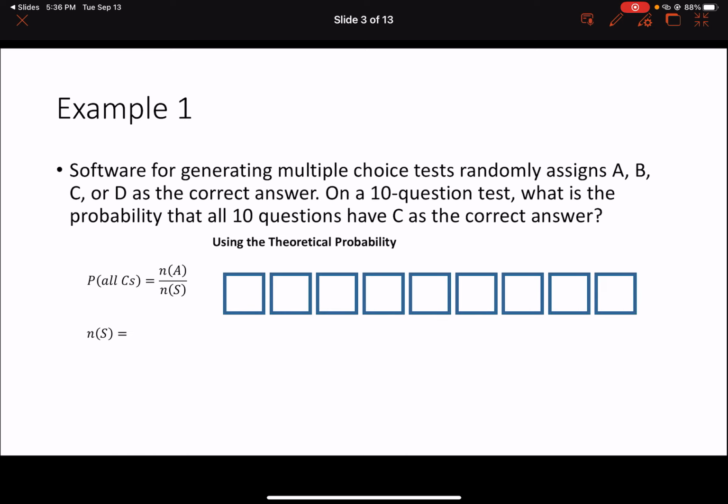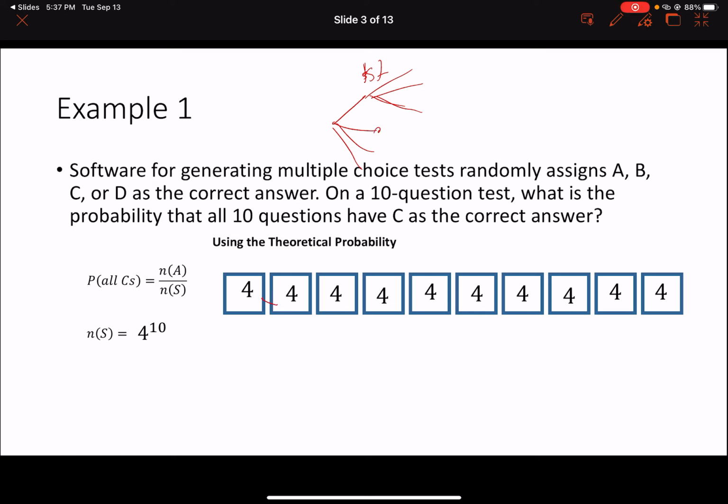Well, we have 10 possible squares, and there's 4 possibilities for all of them. Basically, it's 4 to the power of 10. We multiply each one. If I was to draw a tree diagram, it'd be 4 for the first choice, and then each of them would have 4 times 4. We don't necessarily need to draw tree diagrams. So 4 to the power of 10.